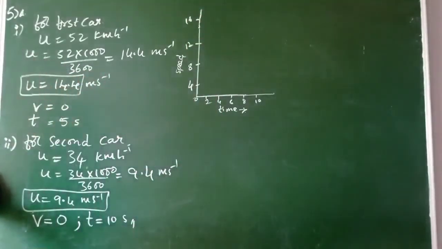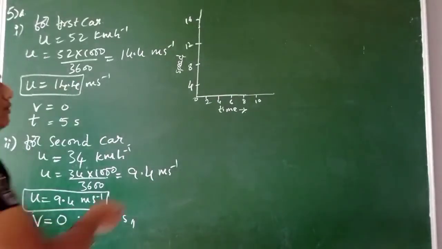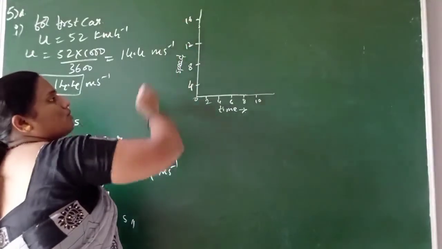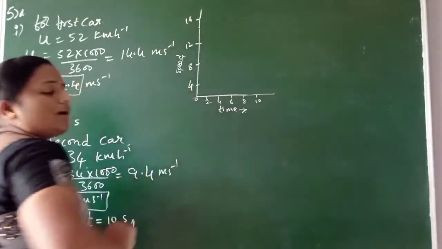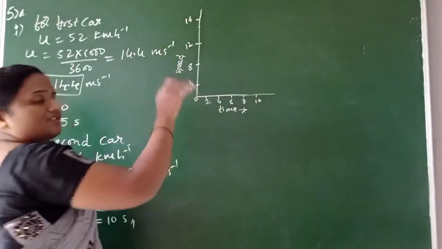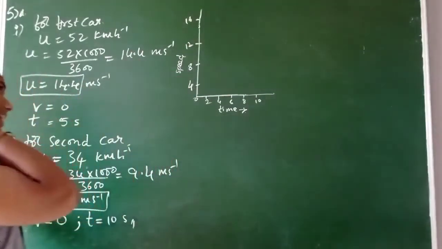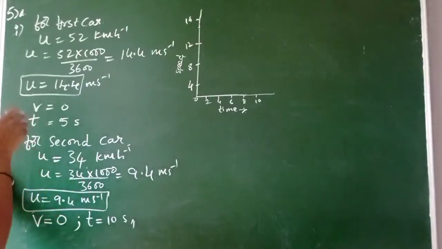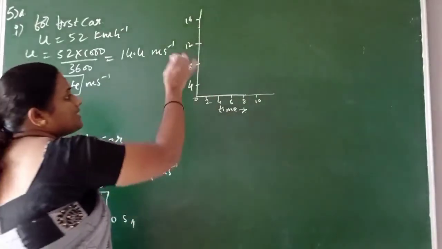In graph sheets you can take scales of your own choice, children. You can even take 1, 2, 3, 4 on the y-axis, and similarly 1, 2, 3, 4 seconds on the x-axis. Here space is short, so I am taking a rough work, nearly 4 units as a scale.